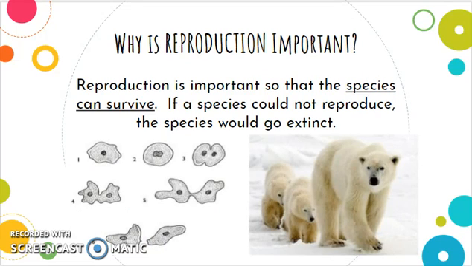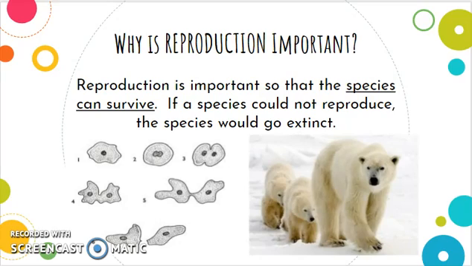And lastly, reproduction. As far as mitosis goes, this is important for unicellular organisms. When a single-celled organism splits and makes a new copy of itself, we now have 2 bacteria. So if this is an example of a bacteria cell, it's going to double and ultimately make 2 new cells.